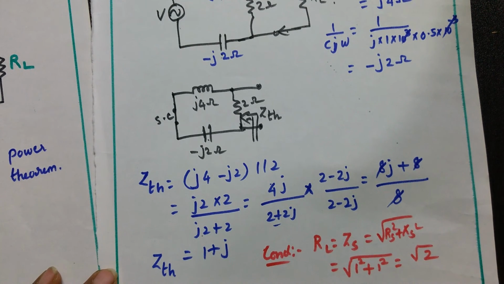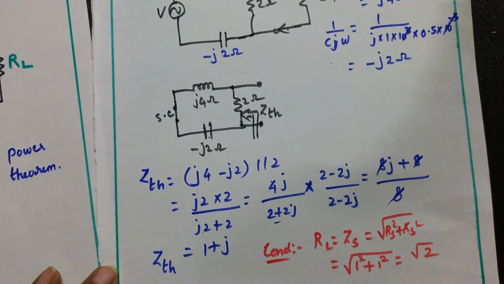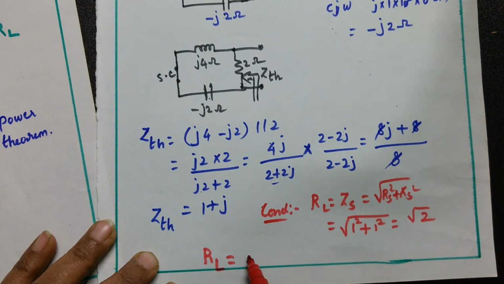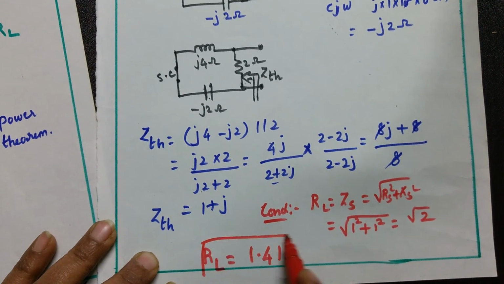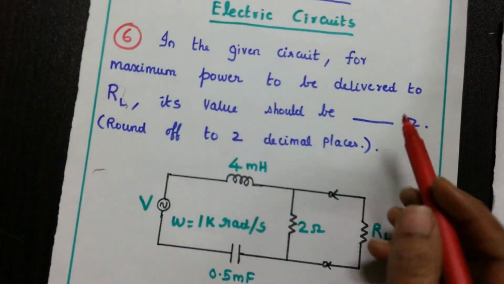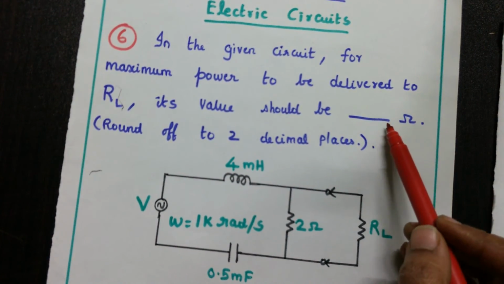So the value of the load resistance RL for which maximum power is delivered is root 2, which is 1.414. So the value of the load resistance is 1.41, and that is the answer.